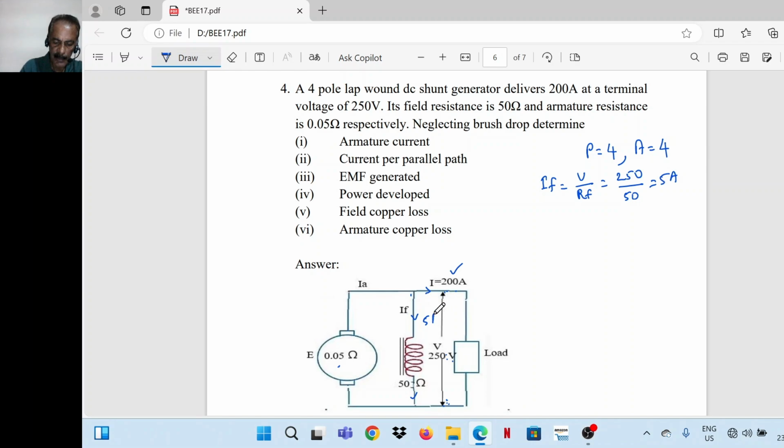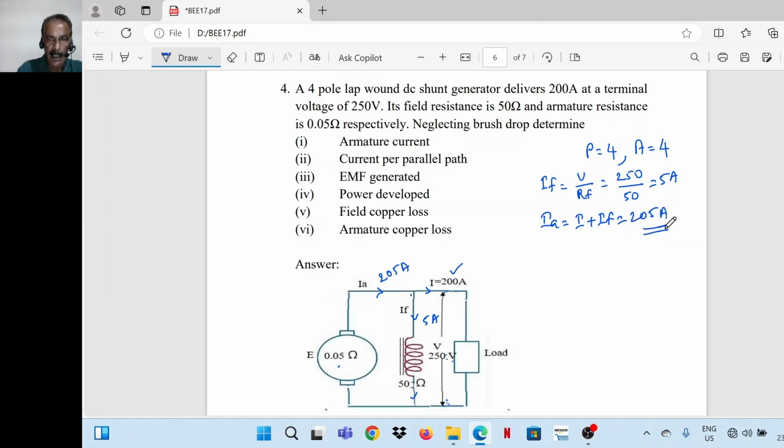So field current is 5 ampere. So armature current can be found out. Armature current is equal to I plus IF, that is 200 plus 5, 205 ampere. So IA is equal to I plus IF, equal to 205 ampere.